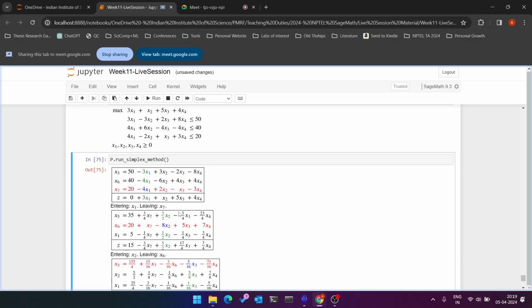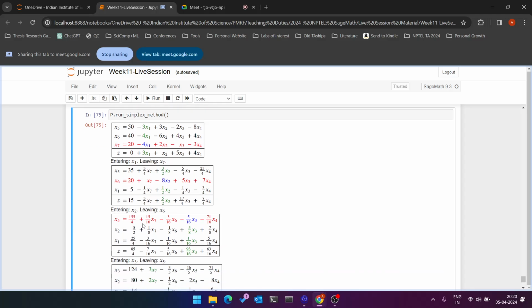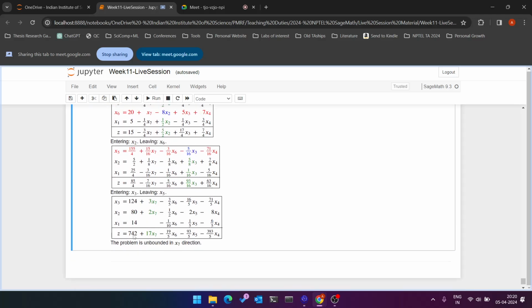In this case, we are entering x1 and leaving x7. So basically rearrange the third equation, and after rearranging, this form of x1 is plugged into my z. Similarly, next we enter x2 and leave x6. Finally, we enter x3 and leave x5. So this is how the equation looks.